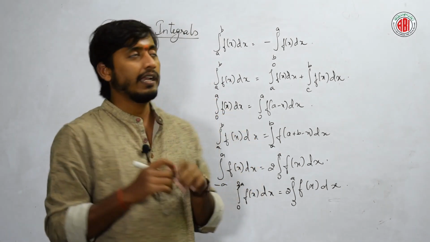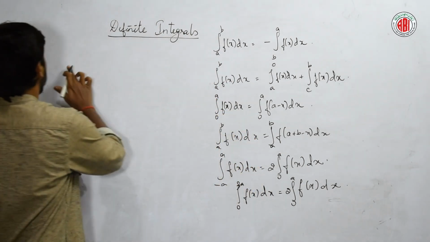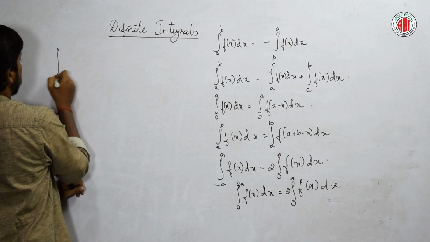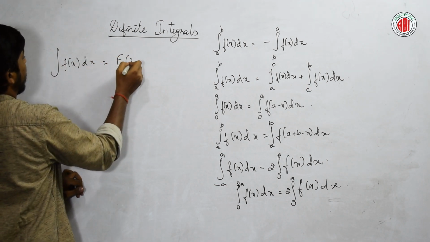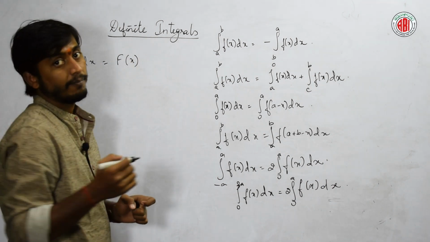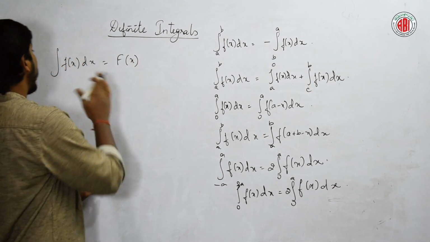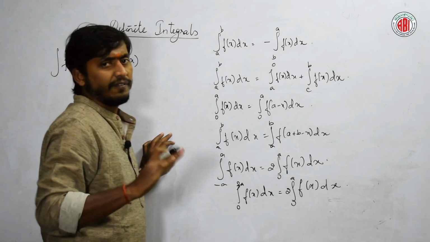Just have a look at the definite integral. What we are going to learn here is, if I say the integral of f of x is capital F of x, then this integral can have a range of different limits.